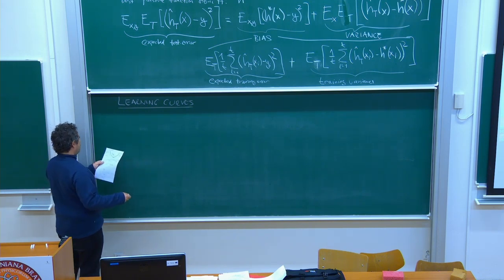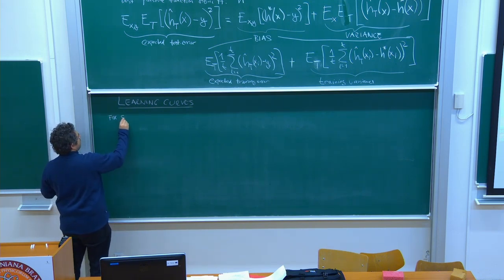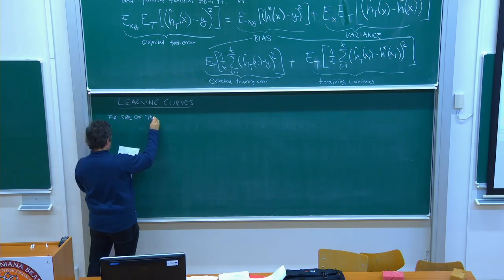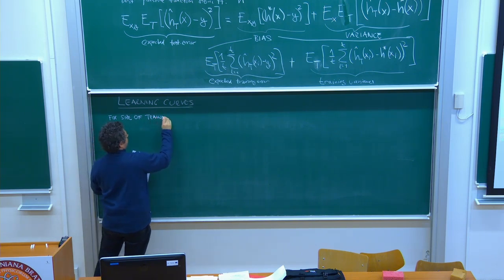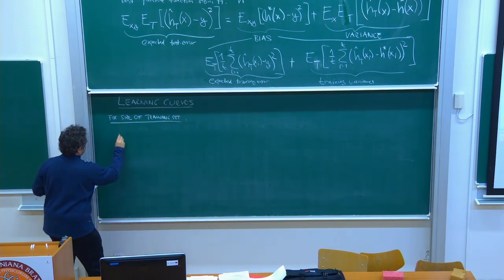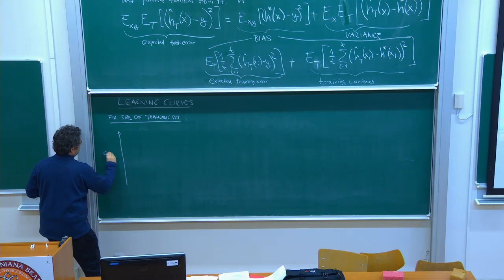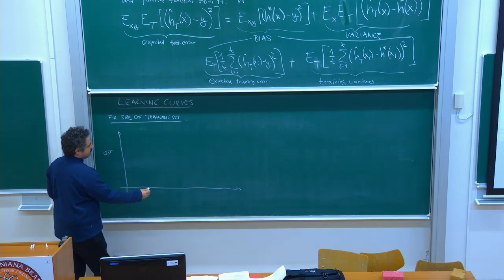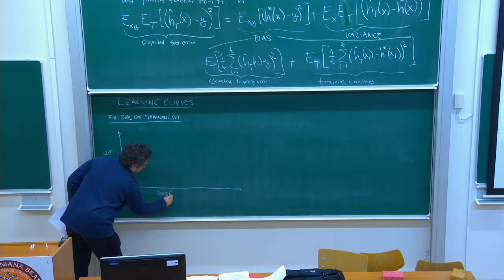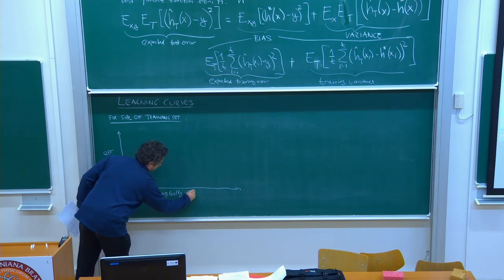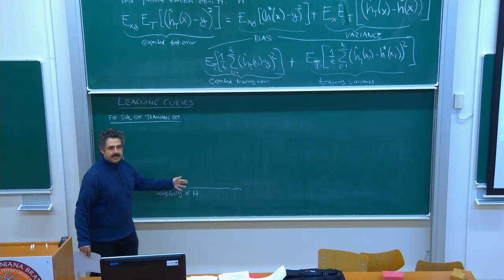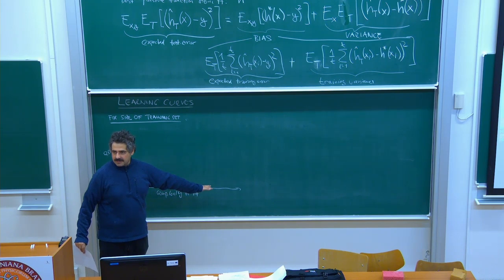So let's say that we fix the size of the training set. Then we can draw a picture that has some kind of error here, and this axis says complexity of H. As I was saying, you can imagine that this is somehow related to what kind of hypothesis classes you are selecting.